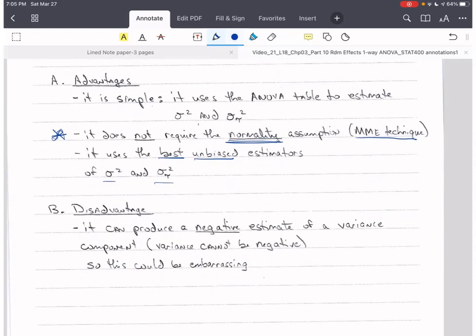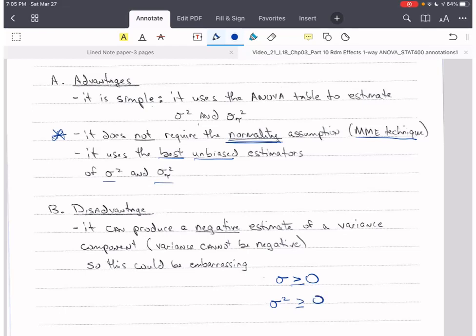The bad news is that it can produce a negative estimate of variance, and this is not possible. Remember that any variance is greater than or equal to 0. Sigma is the standard deviation, and the variance, which is that squared, definitely can't be negative.